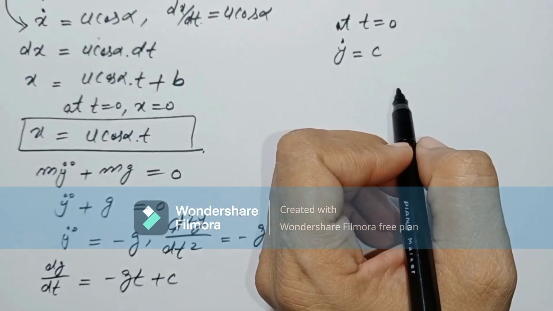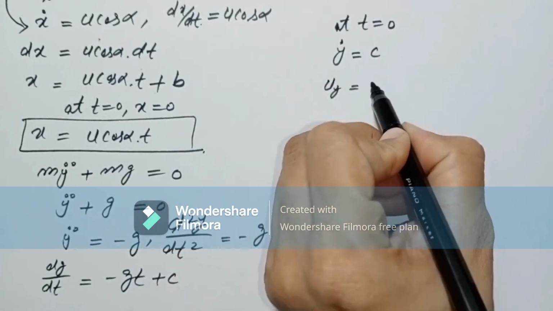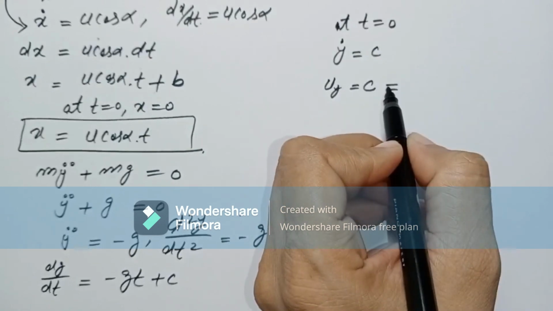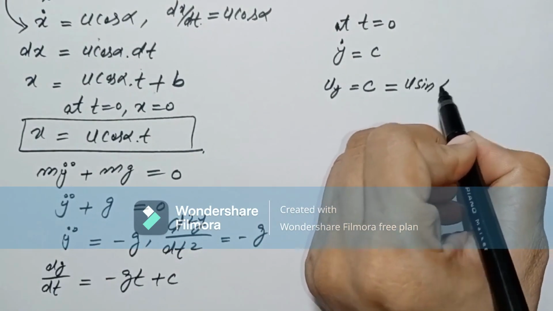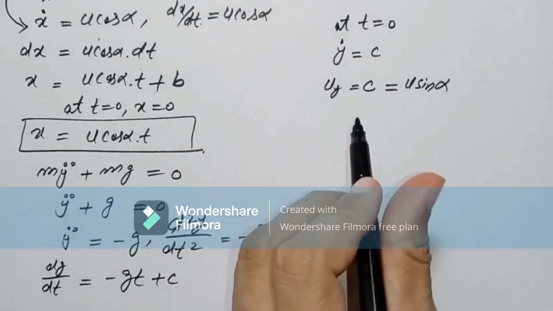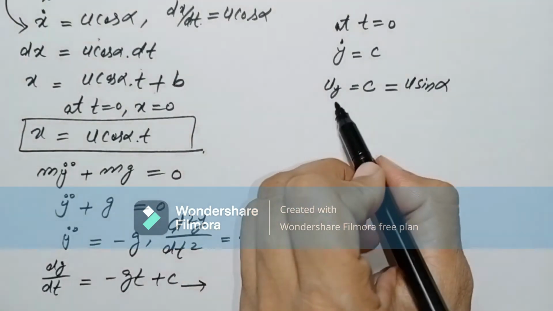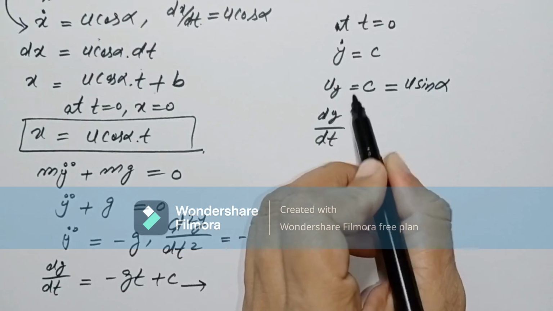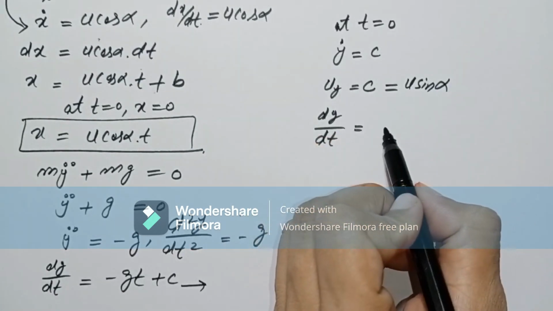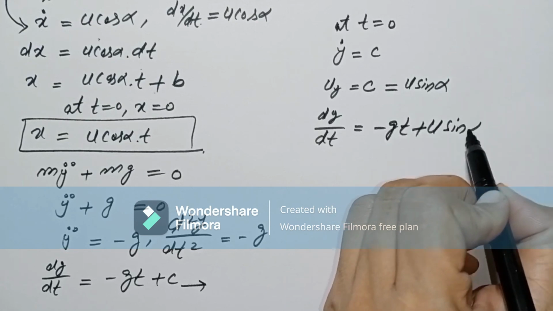Y dot is the vertical component of velocity, which is uy. So the value of this constant of integration is u sine alpha. Substituting back, dy over dt, which is y dot, equals minus gt plus u sine alpha.